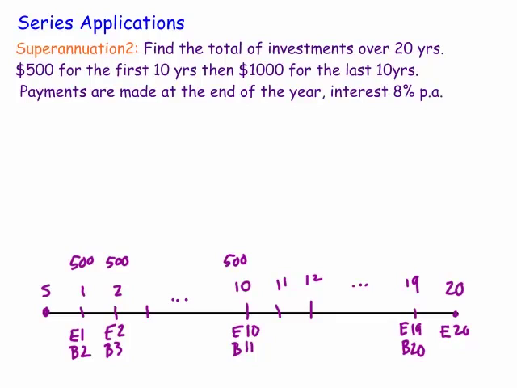For the last 10 years we're going to put in $1,000, and 1,000, and 1,000. That last 1,000 will just go in to the total at the end of year 20. So we now have to add these up.